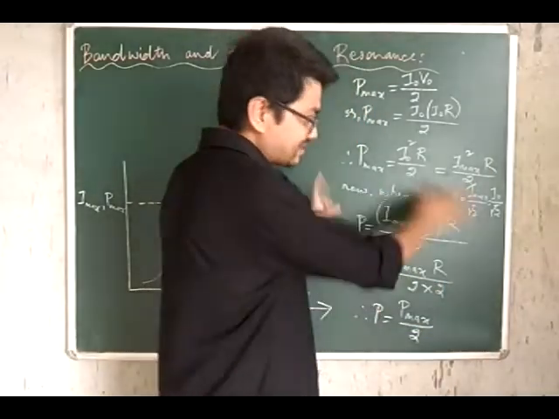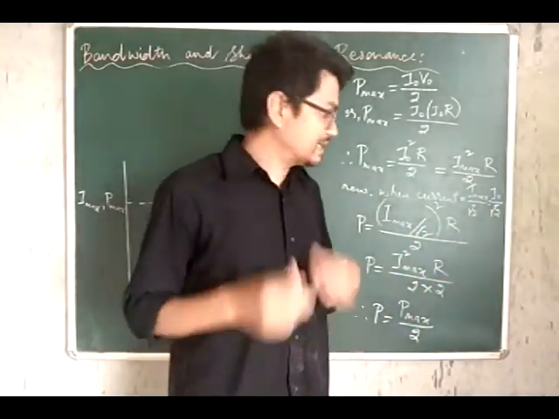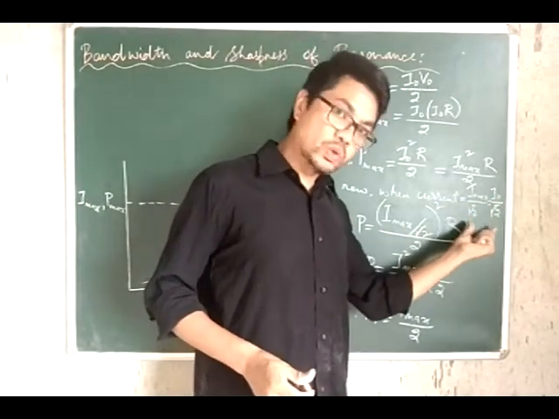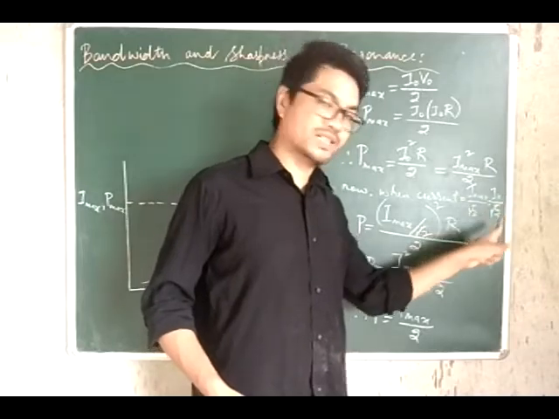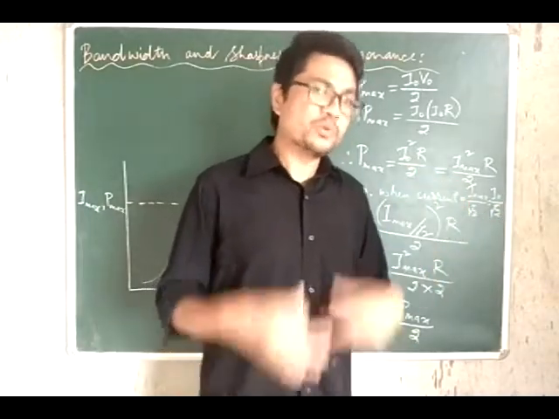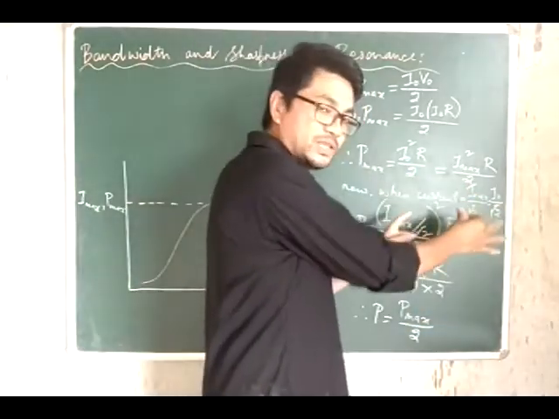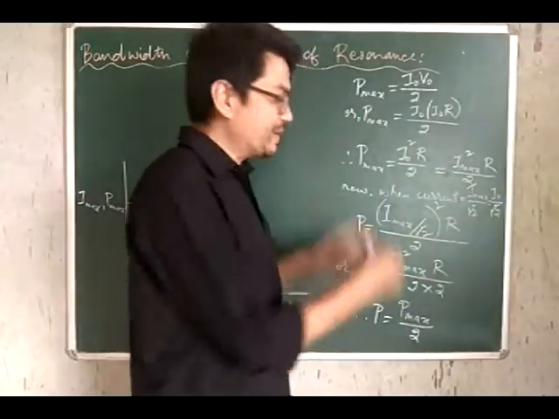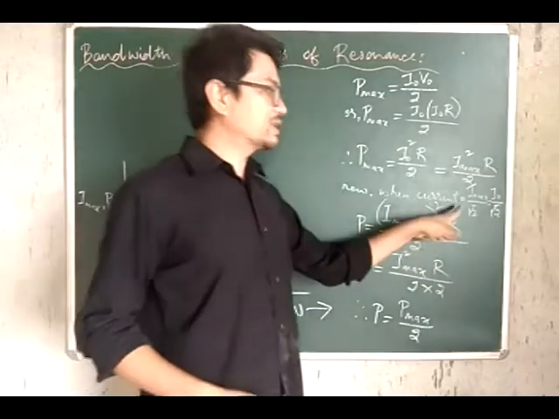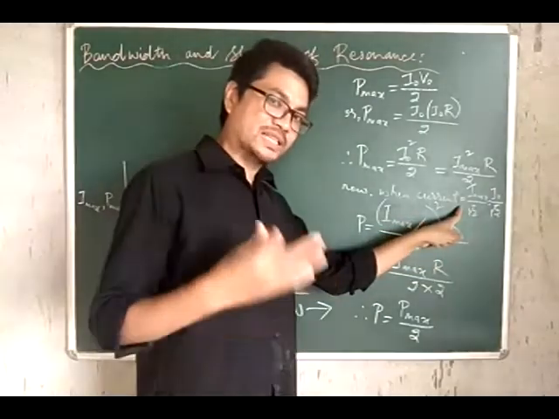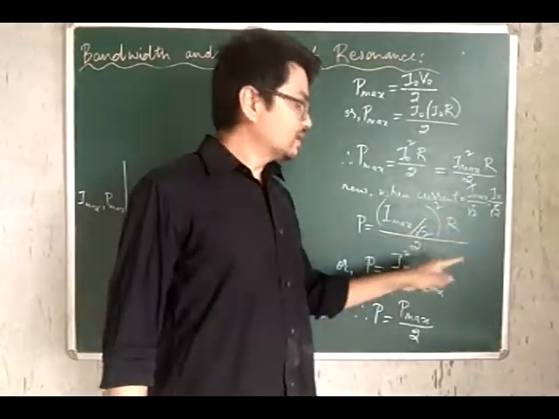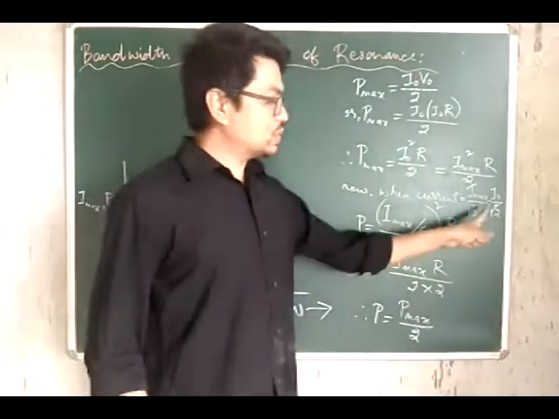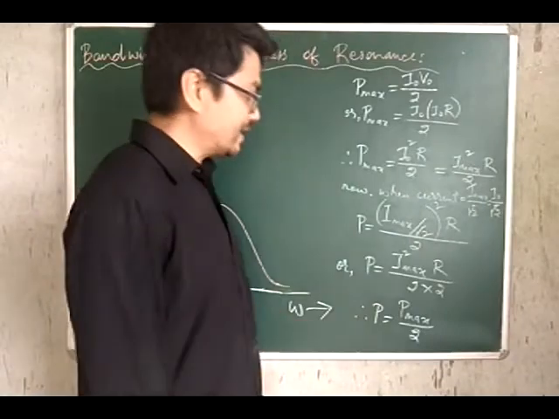Now here I have discussed one specific case, that is when the value of current is I max divided by root 2, or I naught divided by root 2. Why have I spoken about this specific case? We'll talk about that later, but first let us pay attention to the mathematics for this value of current, I max by root 2. So the power corresponding to this value of current, let us find that.